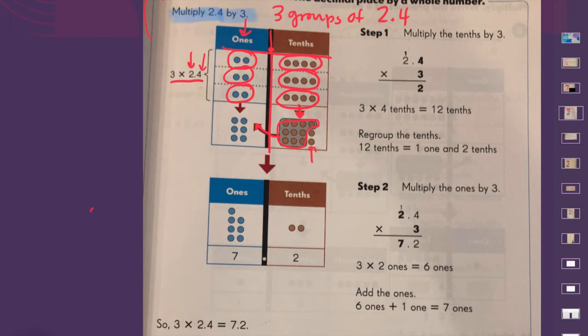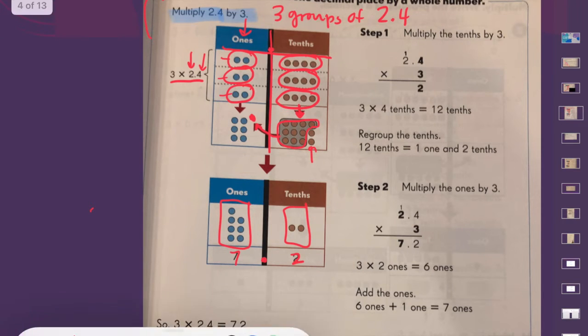And when we add 2 ones plus 2 ones plus 2 ones, we get 6 ones. So we have 6 ones plus that one that we regrouped from the 10 tenths. So we are left with 7 ones and 2 tenths. So that would be 7.2.